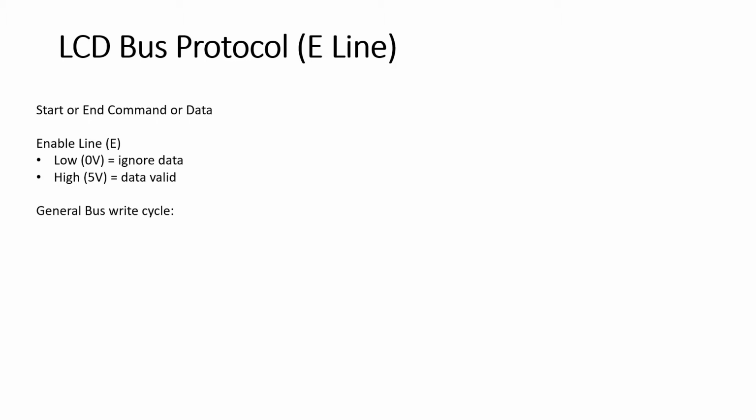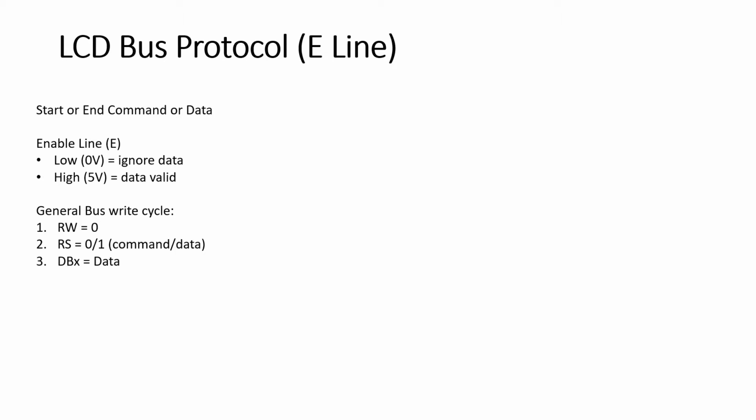So a general bus write cycle, so writing from the CPU to the display, looks like this. First, you pull the read-write line low, telling that you want to write. Then you select the register that you want to write to, let's say command or data.